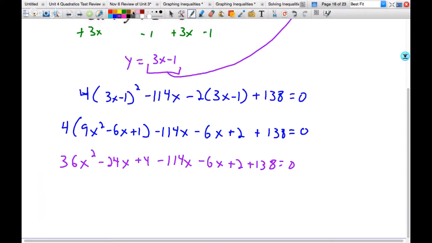Now let's just get all our like terms together, all of our squared terms. I've got a 36x squared. One second, I shouldn't write that yet. 36x squared. Yeah, that's my only squared term.